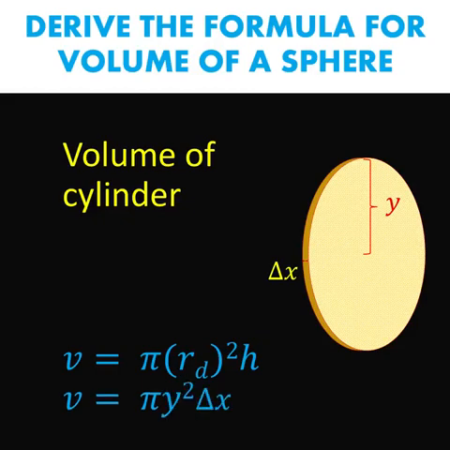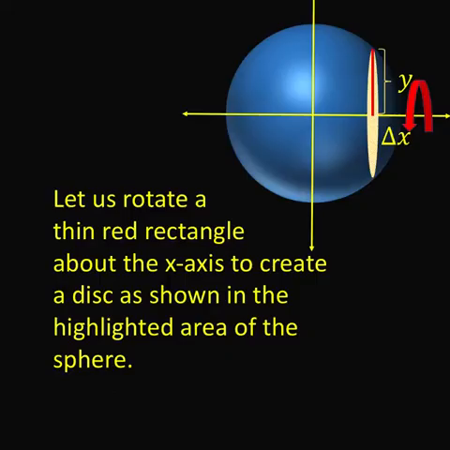But in our notation, the radius of the discs is denoted as y, and the height of our cylinder is equivalent to our delta x, which is the thickness of the cylinder. Now let's go back to our sphere that we sliced at the beginning. Let's begin with this red rectangle that is perpendicular to the x-axis.